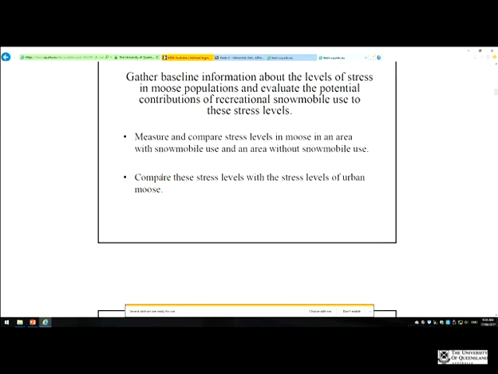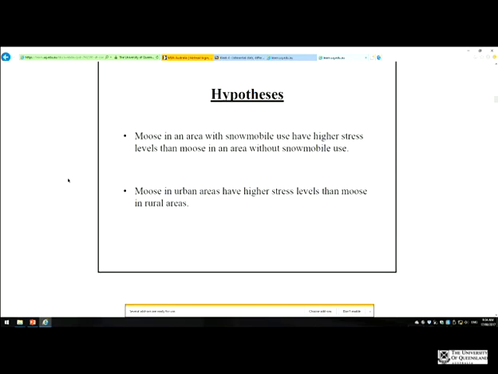And then the next step, there were two steps, was then to also compare these stress levels with the stress levels of urban moose. Okay, so there were two hypotheses. The moose in an area with snowmobile use have higher stress levels than moose in an area without snowmobile use. Sounds pretty logical. And the moose in urban areas have higher stress levels than moose in rural areas.